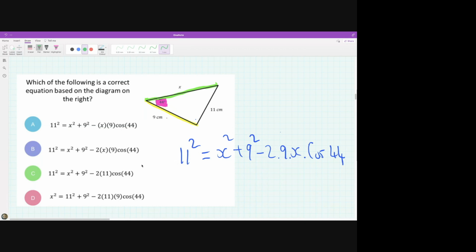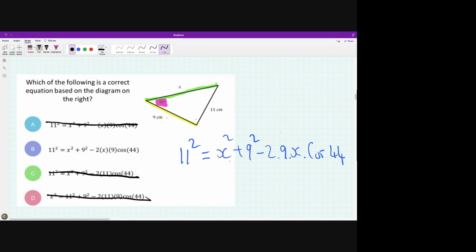Okay, first of all, let's make sure we've got the correct option. So with B, it looks to me like B would be the correct one. It can't be this one because it's missing the 2. It can't be this one because it is missing something. And it can't be this one because it's missing the x. So it has to be this.